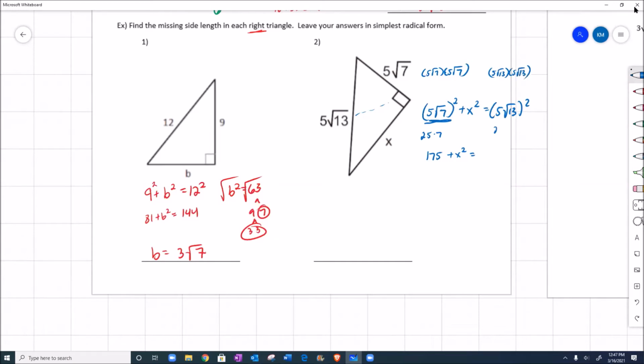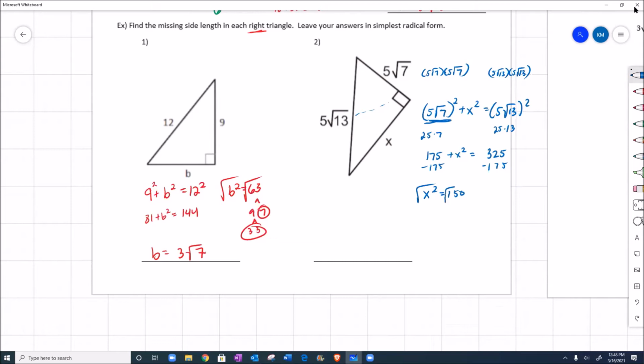That's 25 times 13, which gives us 325. Now we are solving for x. We'll do that by subtracting 175 from both sides, and when we do that, we get 150. So x squared equals 150.